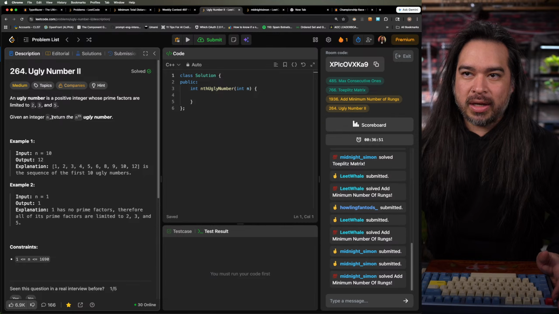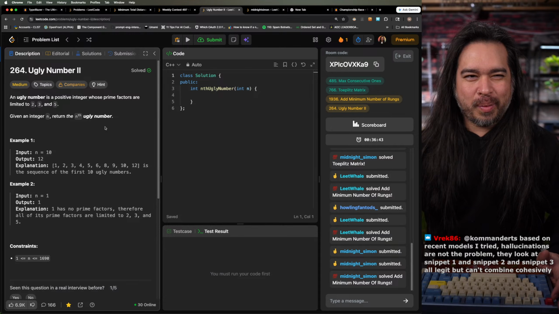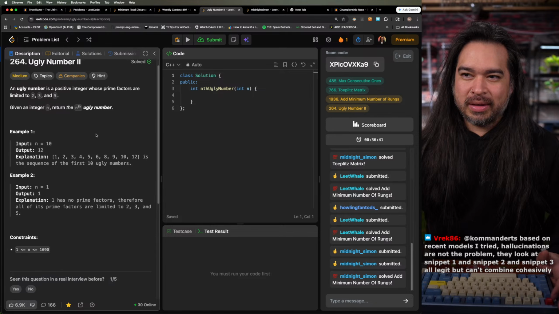Given an integer n, return the nth ugly number. Return the nth ugly number.